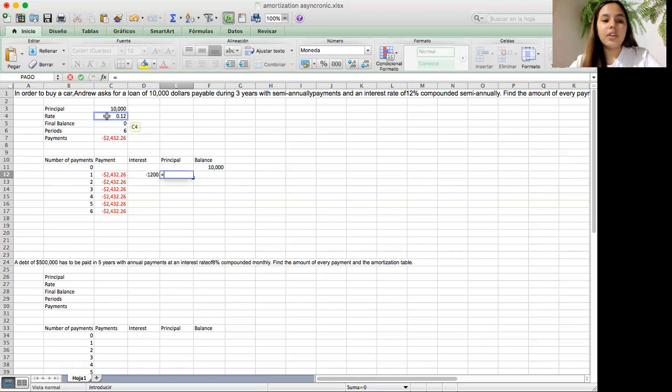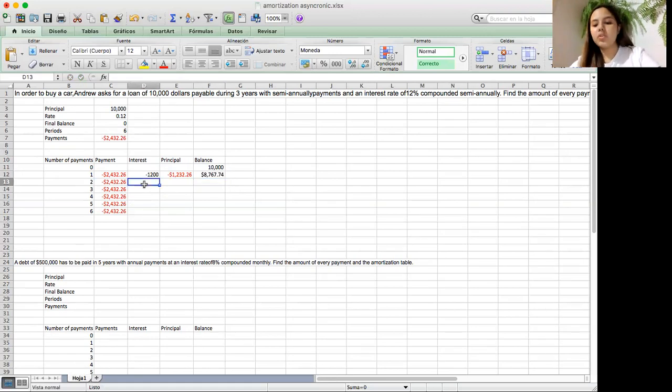Then to find the principal, we need to do the payment minus the interest. And finally, the balance will be the last balance plus the principal. And these formulas you will repeat in every period.